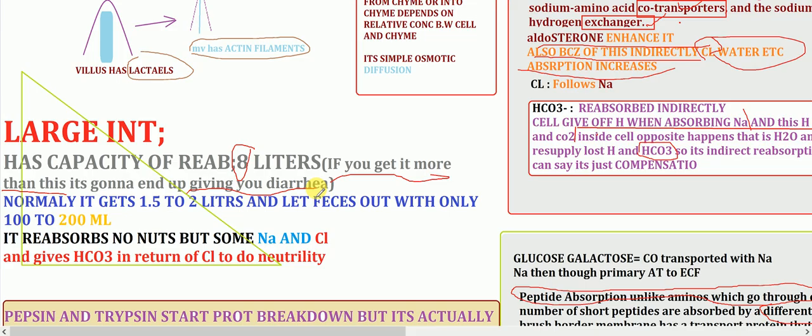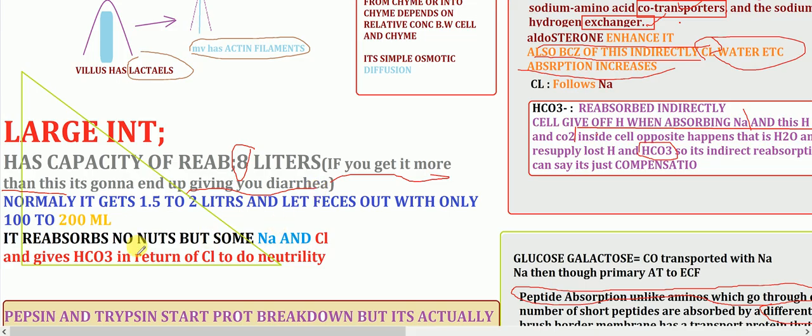It reabsorbs almost all of it, leaving just 100 to 200 ml in the feces. If even this fluid isn't left, that's going to cause constipation, and the feces are going to be solid instead of semi-solid.